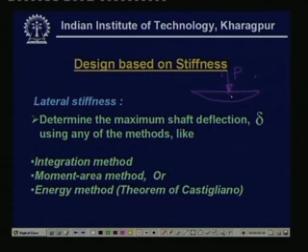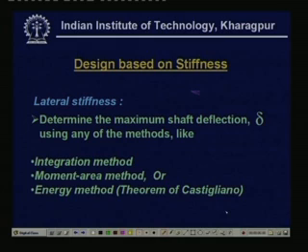Then one has to limit this deflection. So, that is the stiffness criteria. The requirement for such design is that one has to determine the maximum shaft deflection delta, and how?